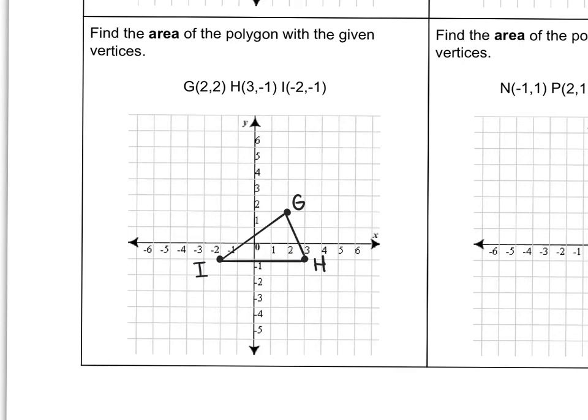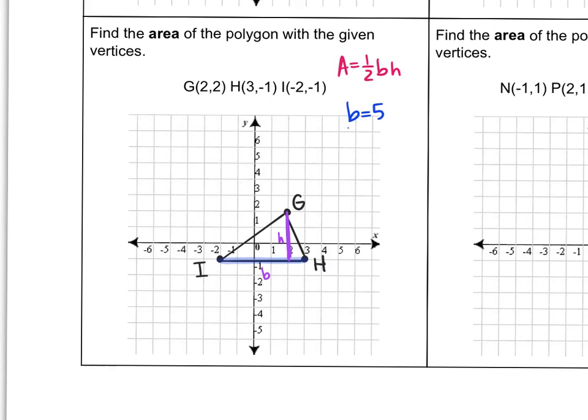Remember, area of a triangle, we went through this in the notes. Area of a triangle is 1/2 base times height. I'll make my base IH, which means my height is right here. So that's my height. This is my base. My base, I can count that, should be 1, 2, 3, 4, 5.